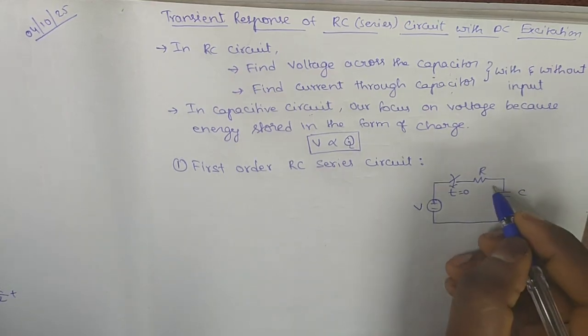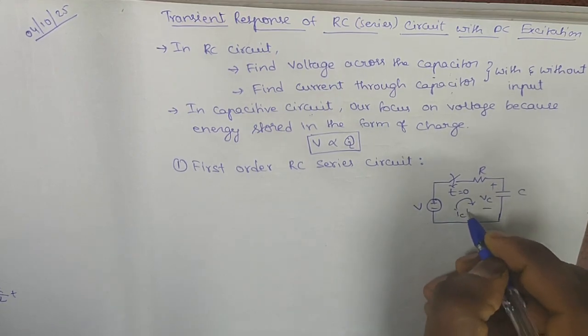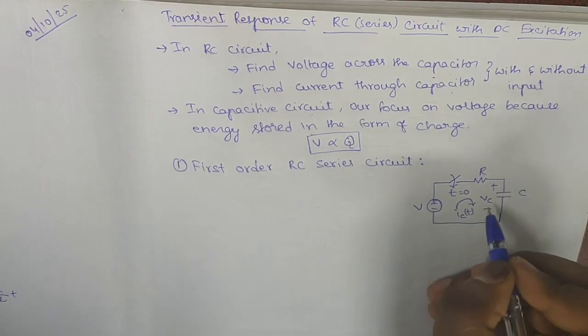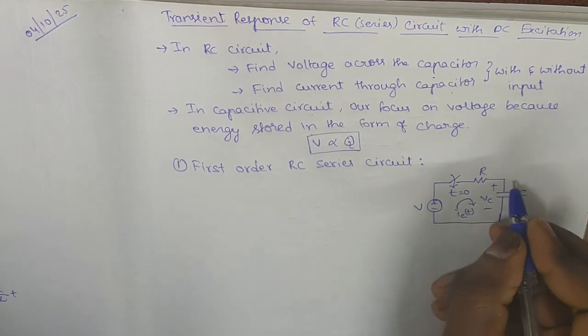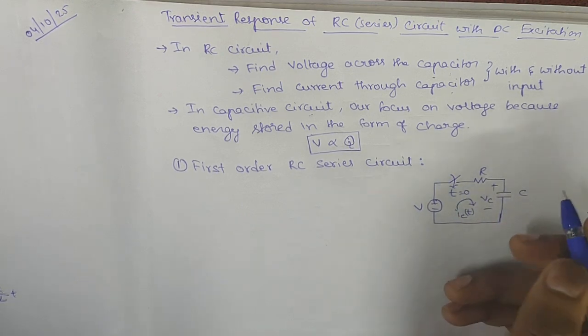The voltage across the capacitor is Vc. The current flowing through is Ic of t. Because it is a series circuit, the currents are the same, so the current flowing through the capacitor will be the same as the current flowing through the resistor also.